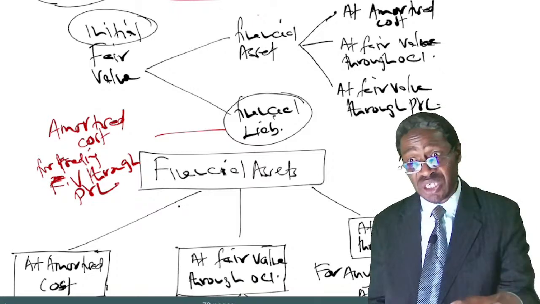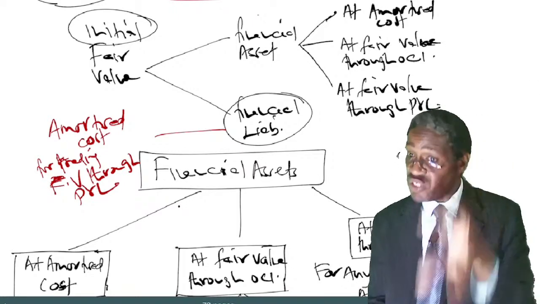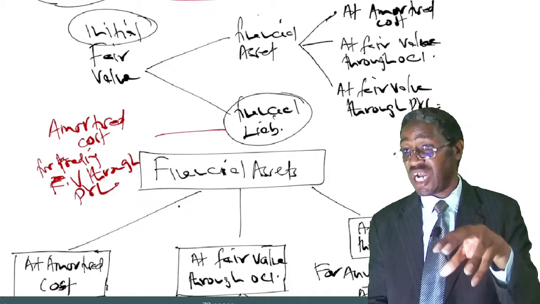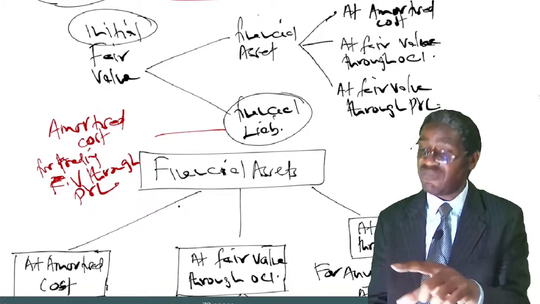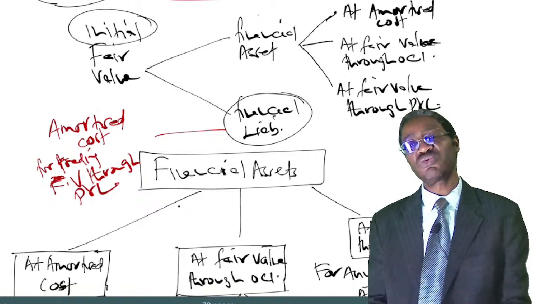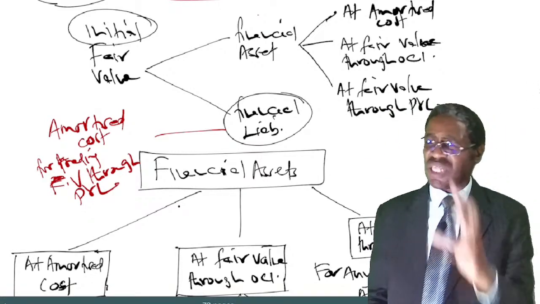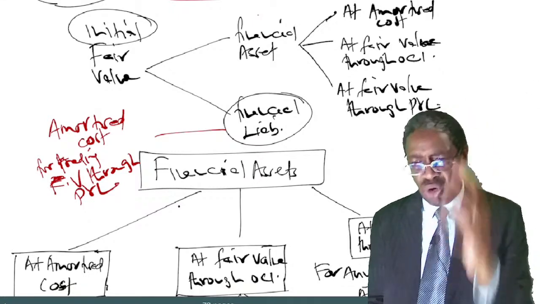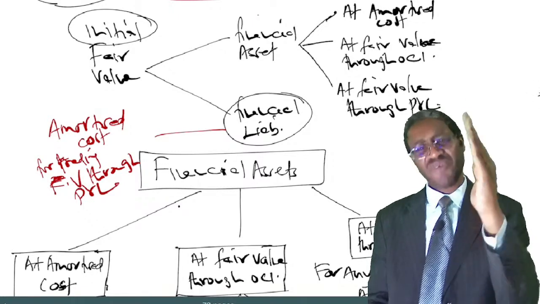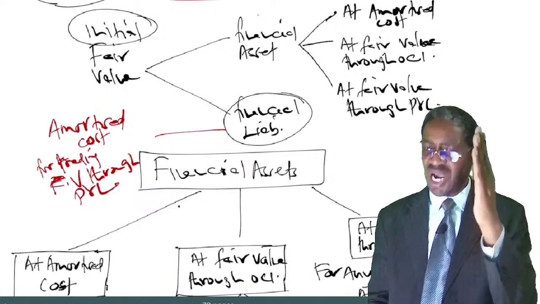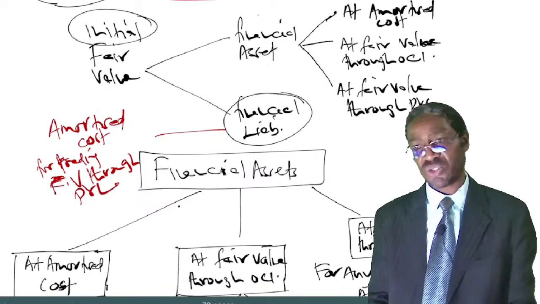So initially you measured them at fair value. If it's for trading, that's a financial liability, it should be measured again at fair value, but the change in fair value should be taken through P&L. Otherwise, in most cases, financial liabilities should be measured at their amortized cost.